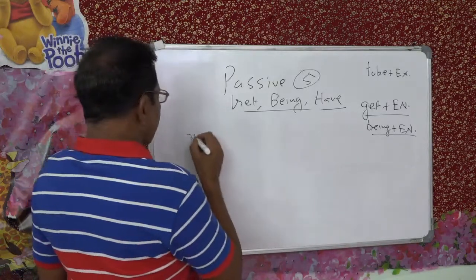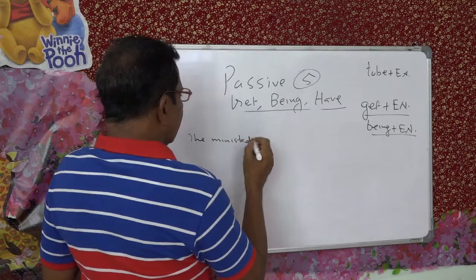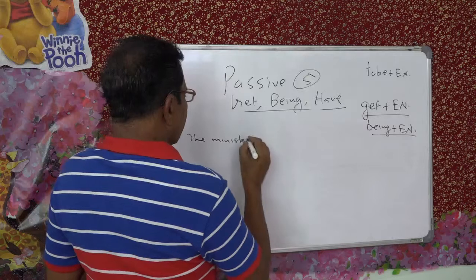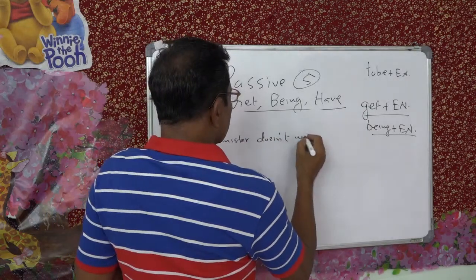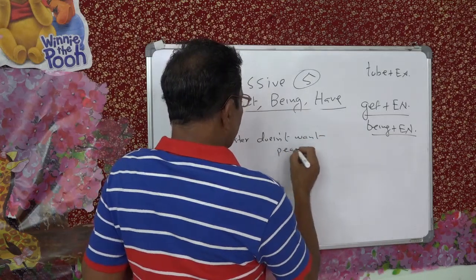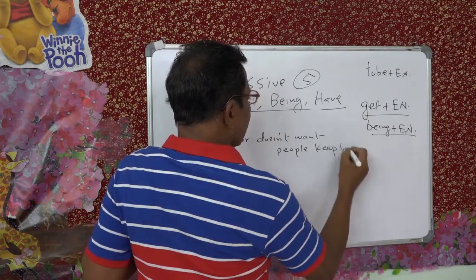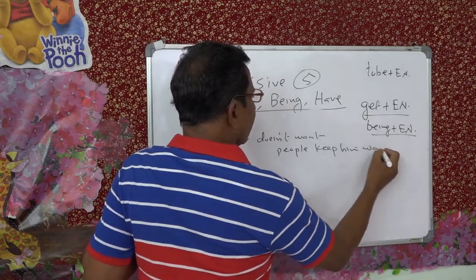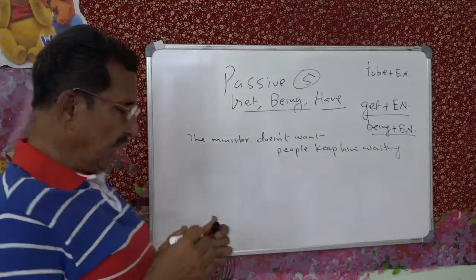You saw that the minister doesn't want people to keep him waiting. So rewrite using being passive.